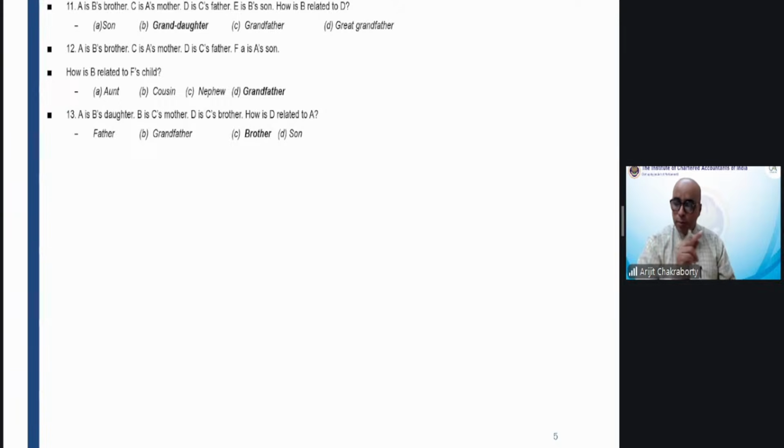Below B, you have both C and A. A we know is female. C we don't know the gender as of now. Then it is written D is C's brother. That means siblings are not two, they are three. You have D, C and A who are siblings, because it is given D is C's brother. The mother B has three children, D, C and A.